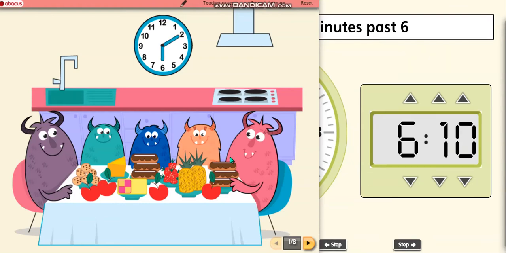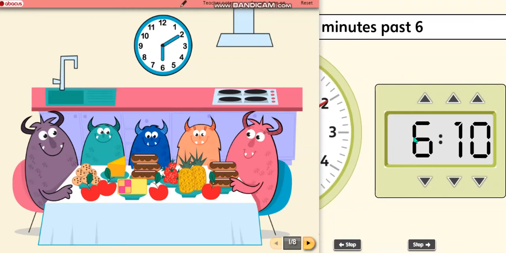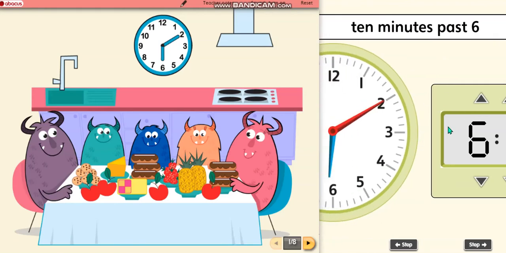Now, since these monsters are going to eat their dinner, it is already 10 past 6 in the evening or 6:10 p.m. Now, why did I say in the evening or p.m.? Well, that's because we don't eat dinner in the morning. Yes?